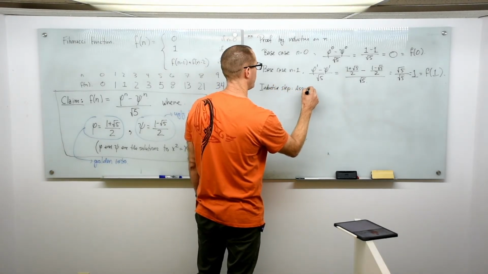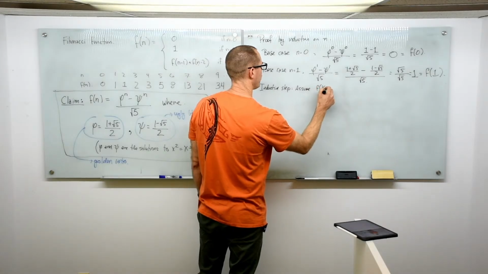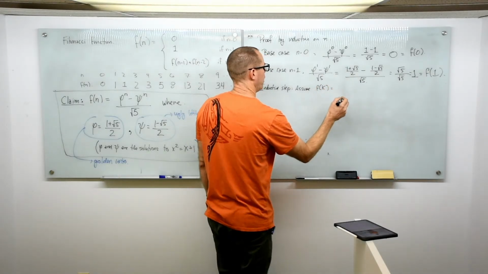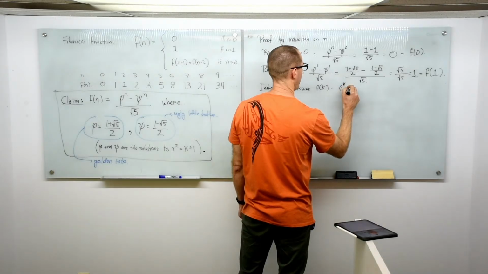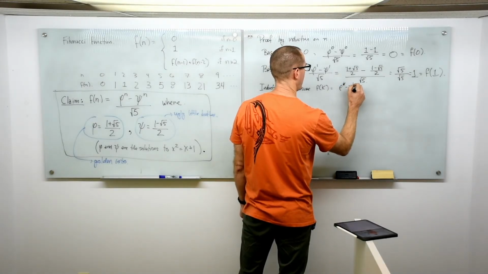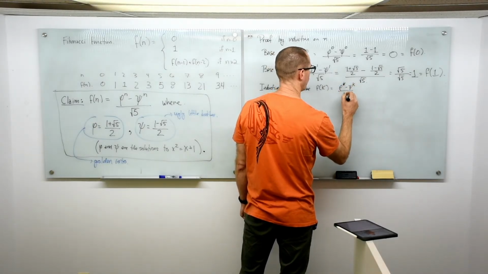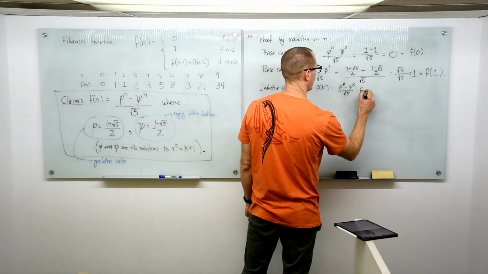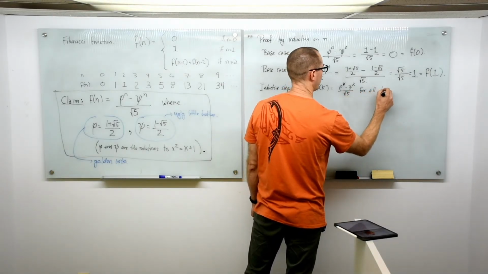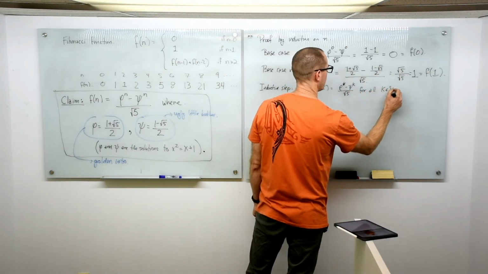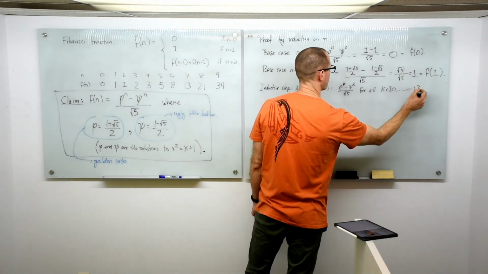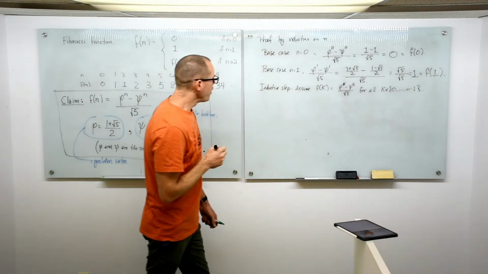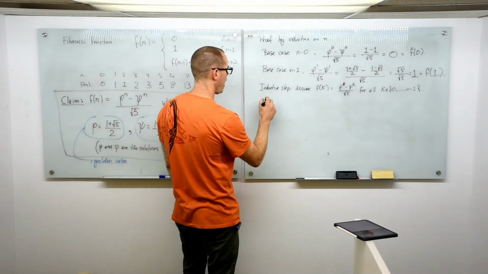We will assume f of k is equal to phi to the k minus psi to the k over square root of 5 for all k in 0 up to n minus 1. And then we're going to study f of n.